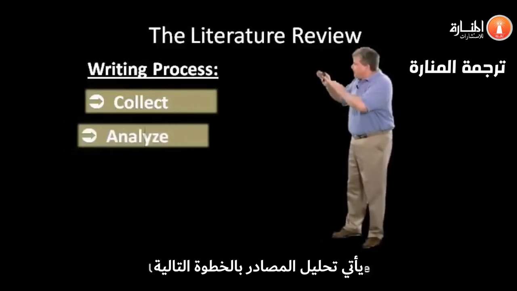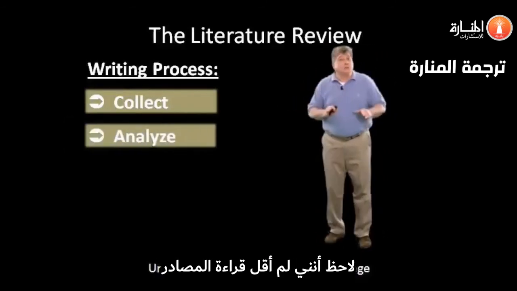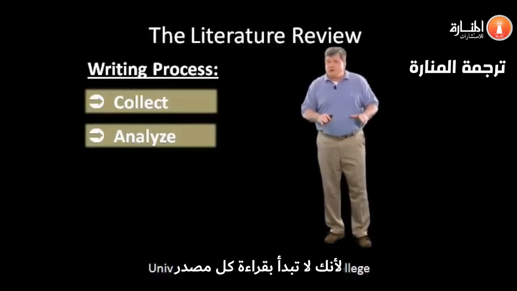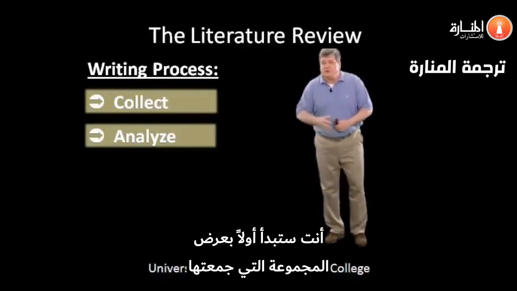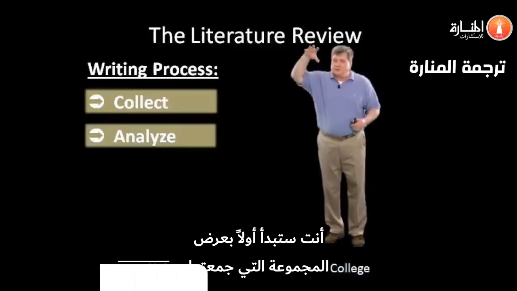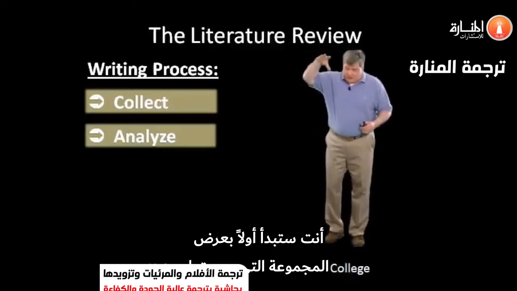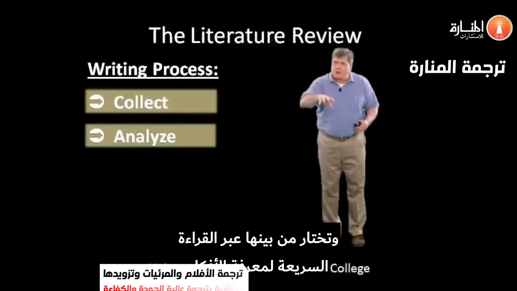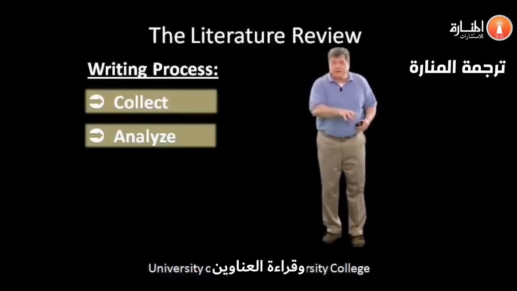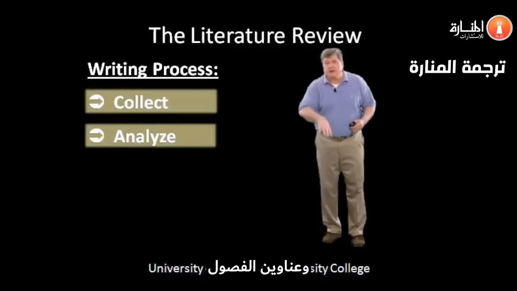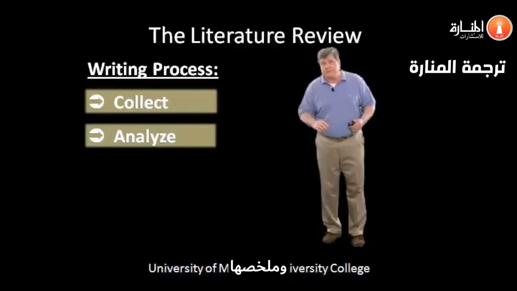And the next step is to analyze them. Notice I did not say read them because you don't begin by simply reading every source. You first start out at this 24,000-foot view of your collection that you've gotten, and you gradually narrow in on them by skimming and scanning, reading the titles, the chapter titles, the subheads, the other sources, the abstracts of them.